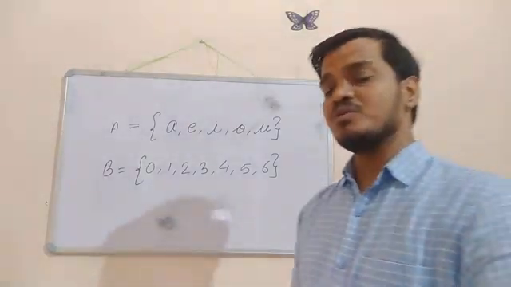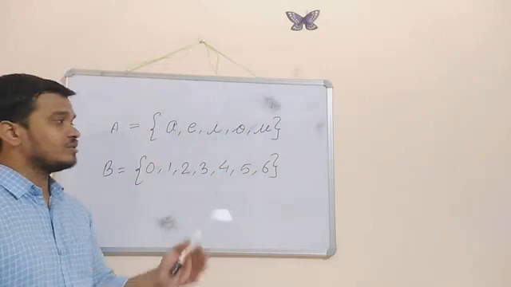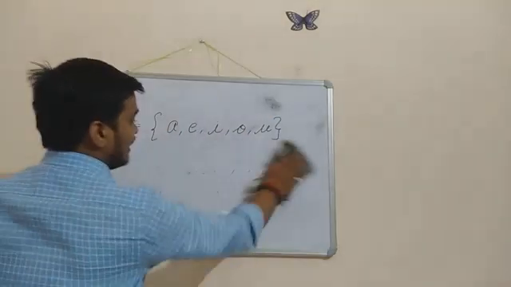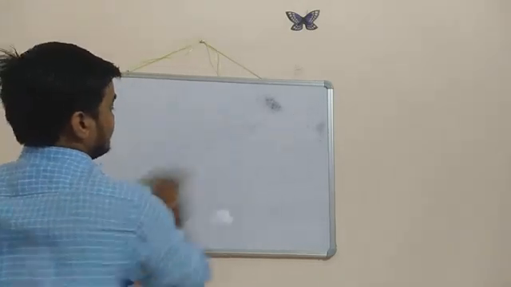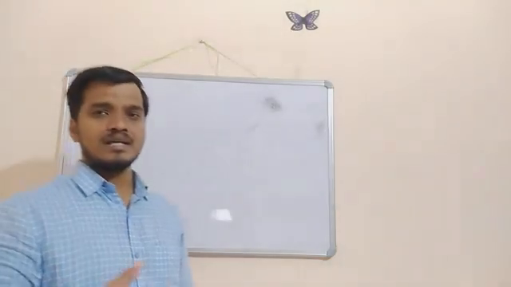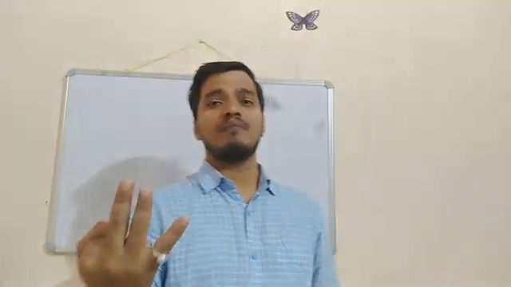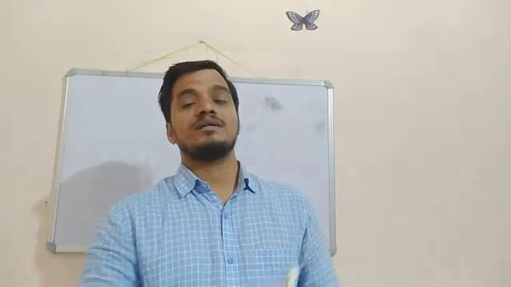So this way you can write the name of the elements and you can define it as a set. To define any set there are different methods, but particularly in your portion there are 3 simple methods.